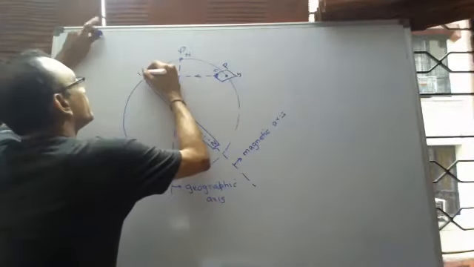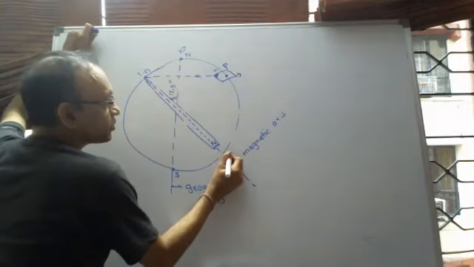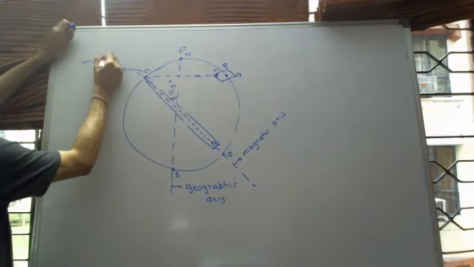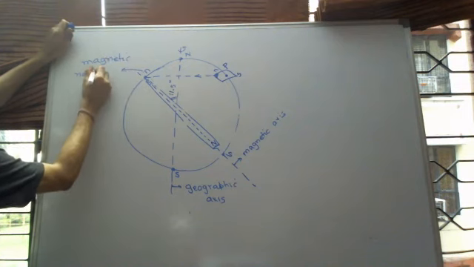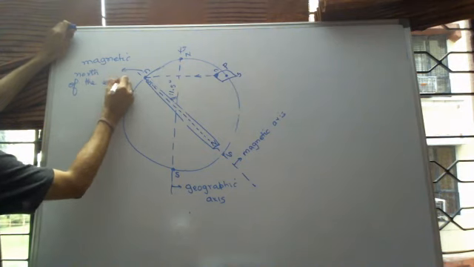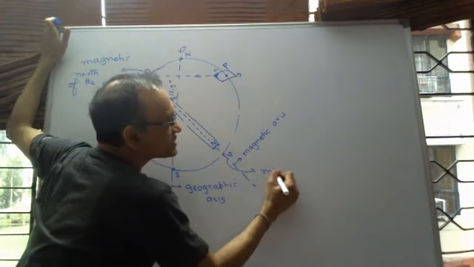We call it the magnetic north of the Earth, small n. This end we call the magnetic south of the Earth.